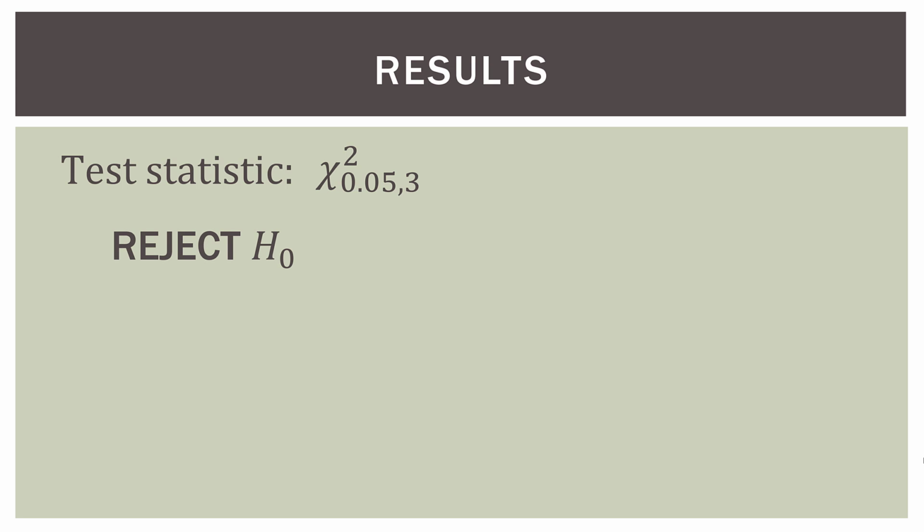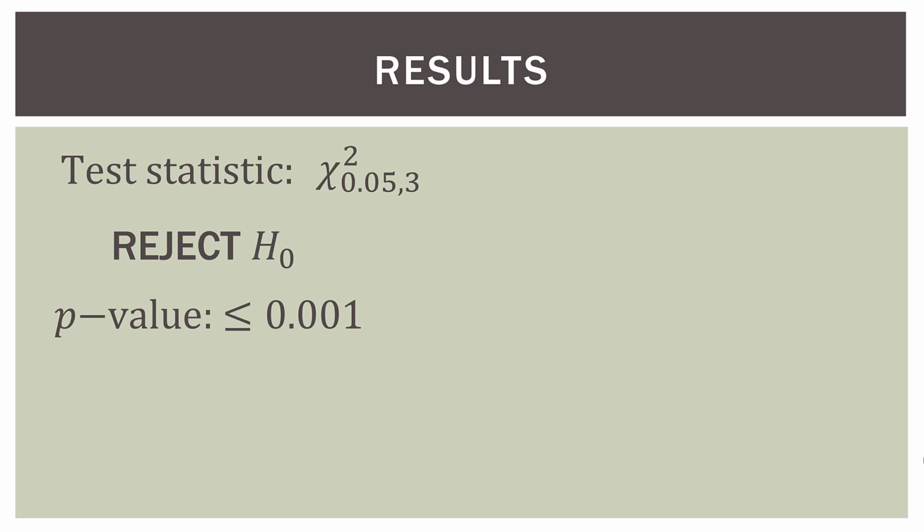All right, so we are back from Excel, and here are our results. Our test statistic was chi-square with an alpha of 0.05 and degrees of freedom of 3. Remember, we had 4 columns, so 4 minus 1 is 3, and 2 rows, 2 minus 1 is 1, so 3 times 1 is 3. We rejected our null hypothesis.